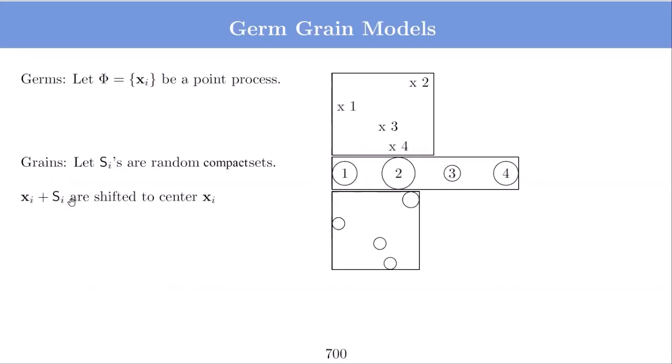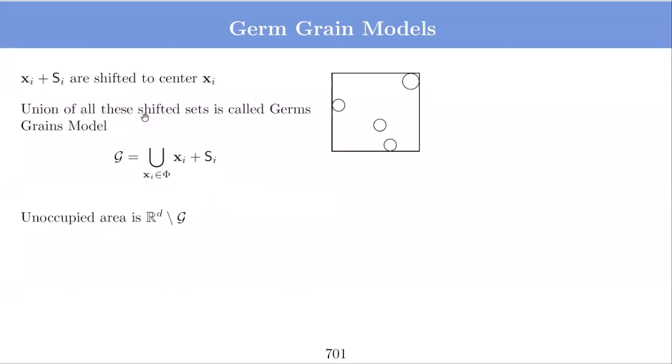The ith shifted grain is known as x_i plus S_i, which is shifted to the center x_i. The union of all these shifted sets, that is, the union of the area covered by these grains around the germs, given as the union of all x_i plus S_i, is known as the germ-grain model.